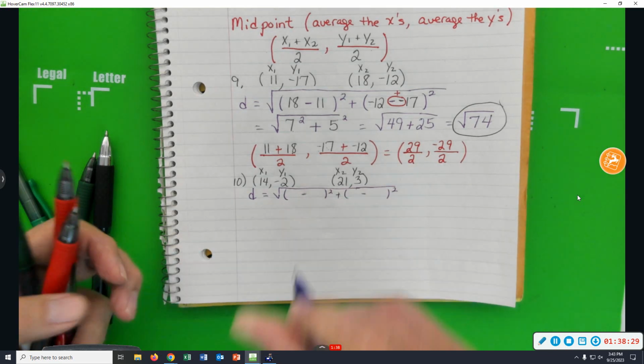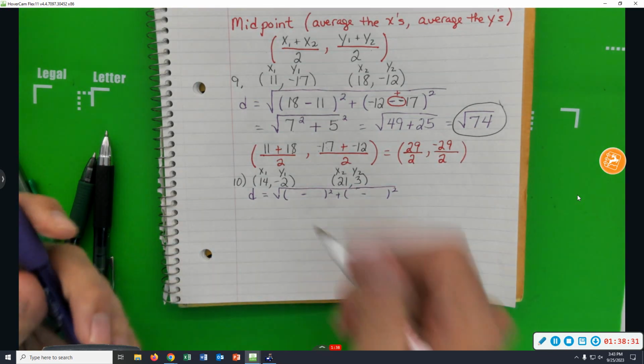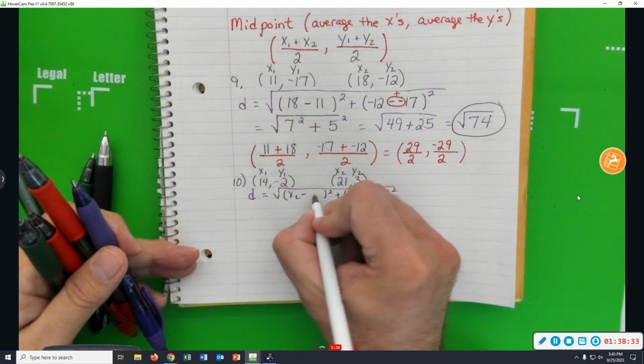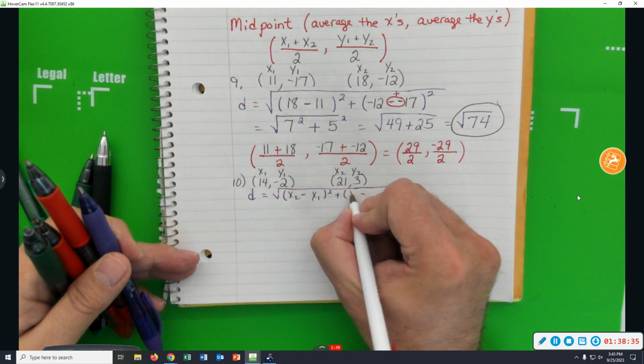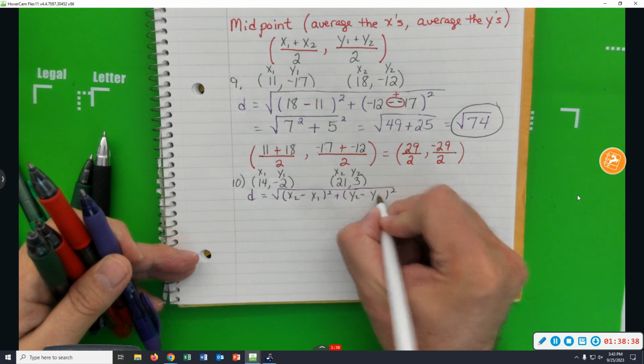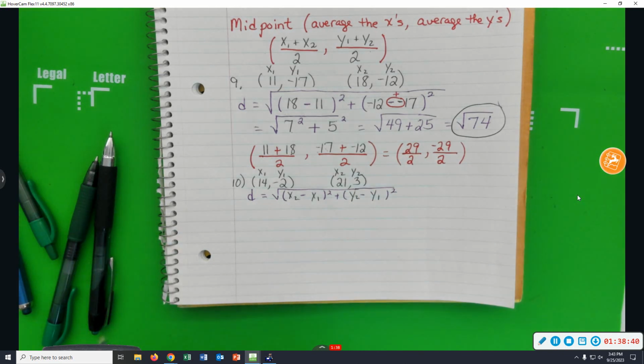It's x2 minus x1 squared plus y2 minus y1 squared, all under that square root symbol.